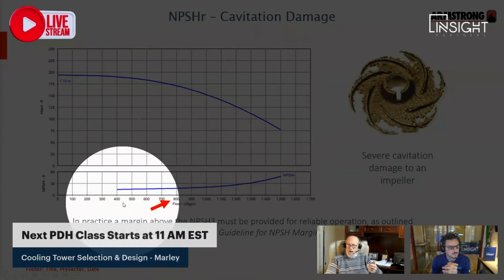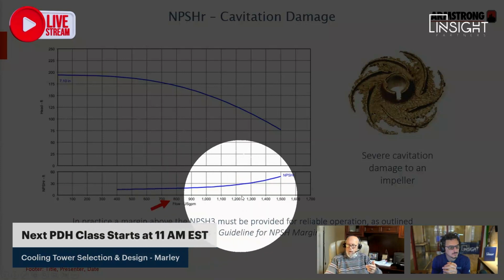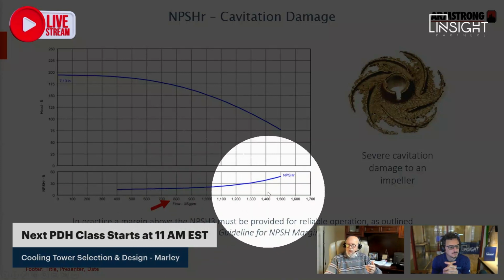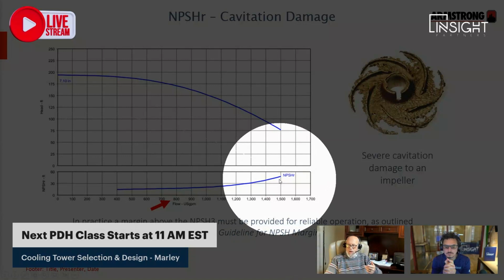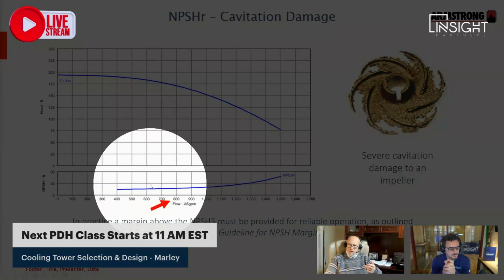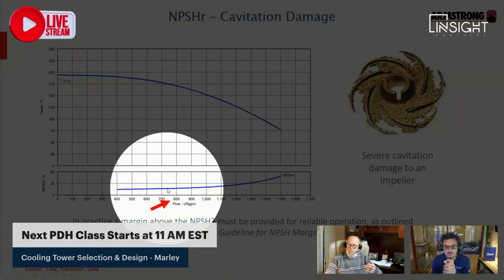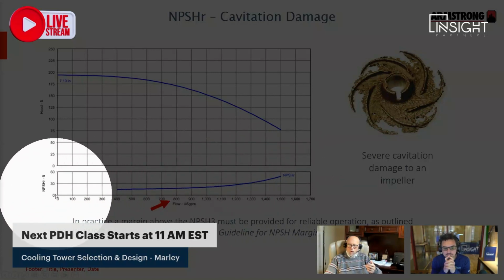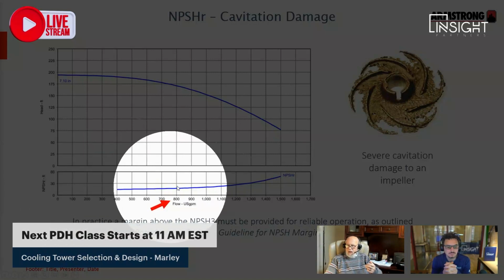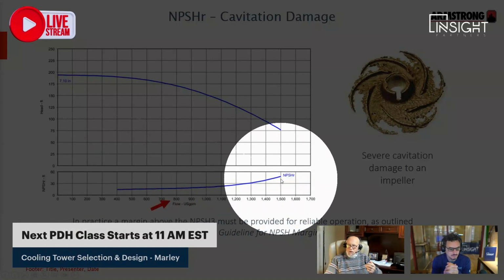And you notice how my flow is moving upward, so I'm moving further right on the curve. Notice the NPSHR is going up. This one's actually a pretty curve. It's not real radical out here at the far end. But you notice, we're going from about 20 feet ahead, and we max out at about 45 feet ahead, maybe 50 out here at the end.